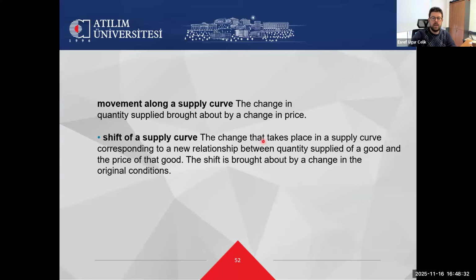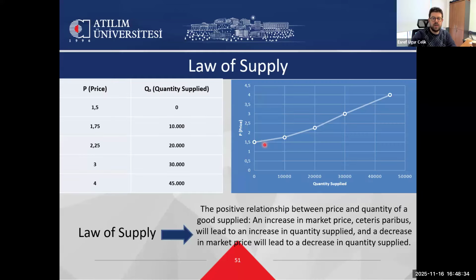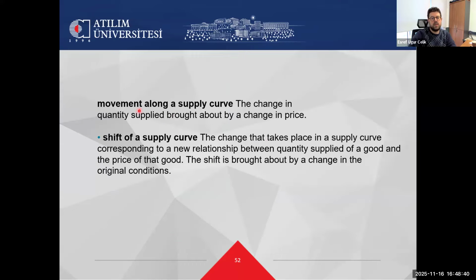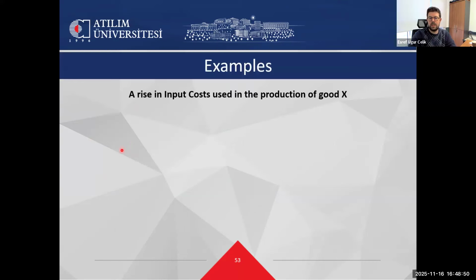If we change the price of the good, then we move along the supply curve. And if other factors, price of inputs or technology, change, there is a shift effect, a shift to the right or to the left.